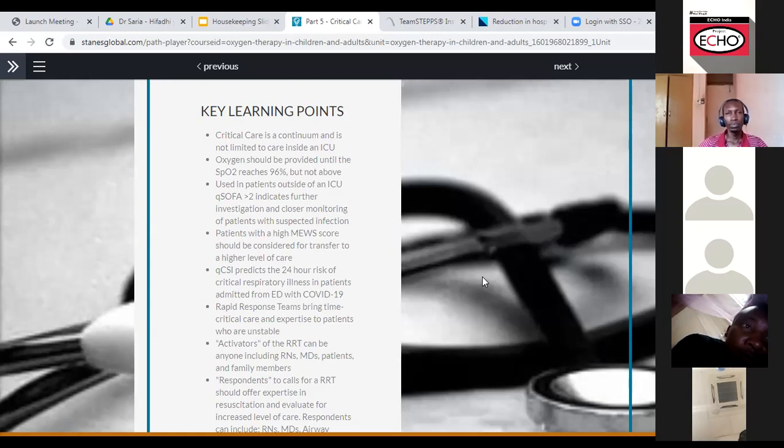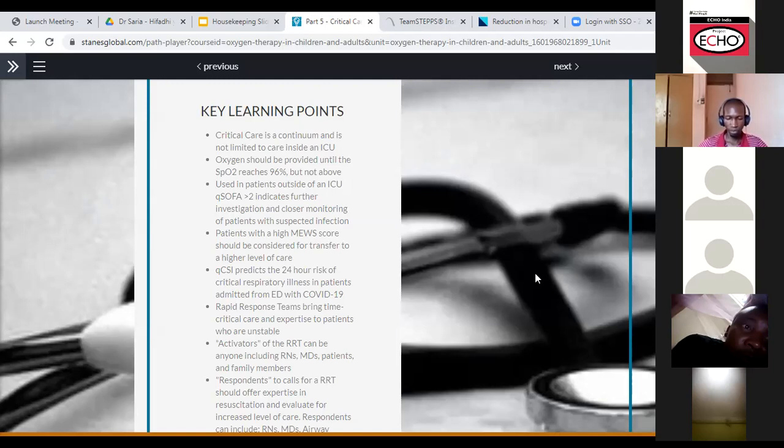And then oxygen should be provided until it reaches 96, but this will depend on the clinical status and the need of that patient. That means it is not necessary to provide oxygen up to 96 for every patient. We need to categorize those patients according to their clinical status, their comorbidities and their demand.